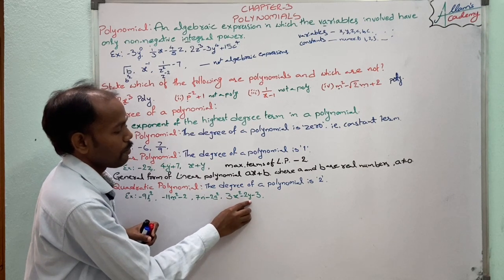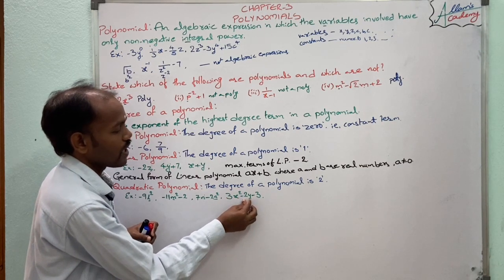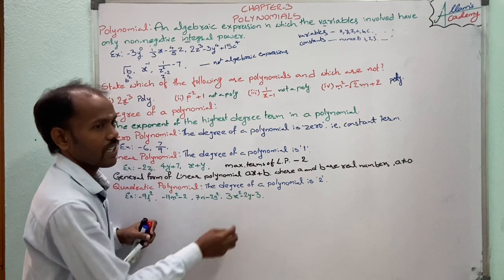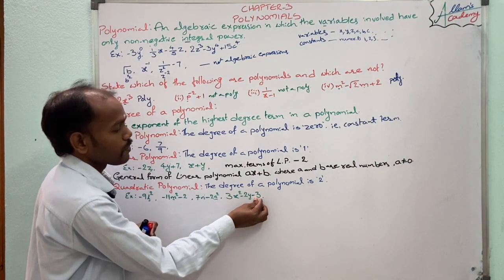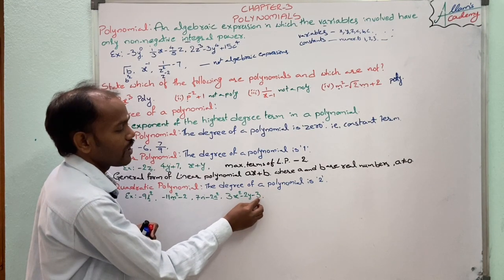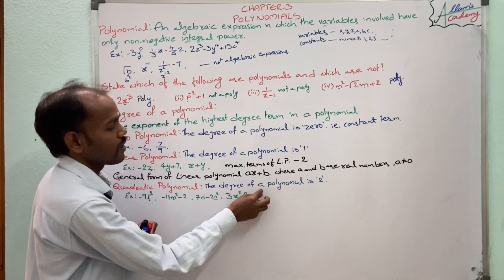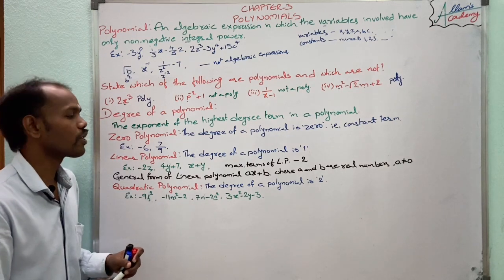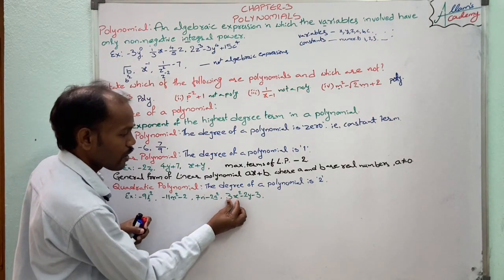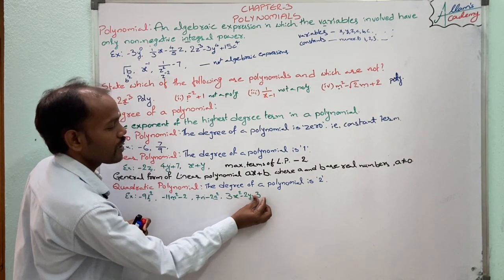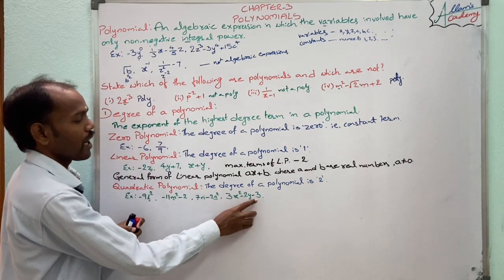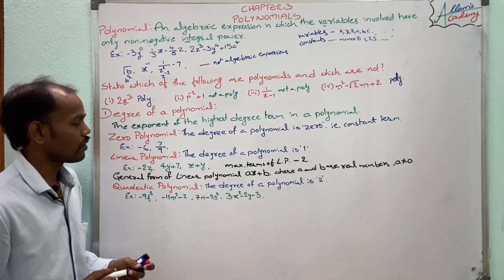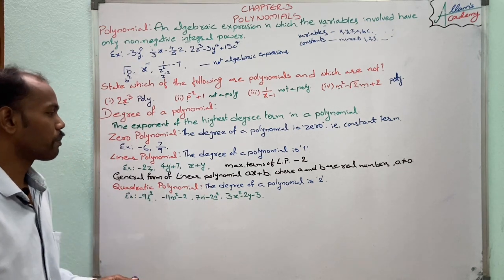Minus 2y, the variable is y, and it has degree 1. The next term, minus 3, has no variable, so it has degree 0. So the first term has degree 2, the second term degree 1, the third term degree 0. So the degree of this polynomial is 2, so it is a quadratic polynomial.